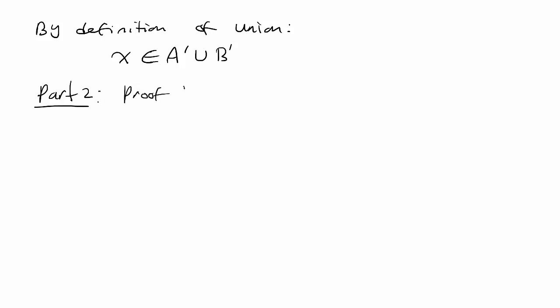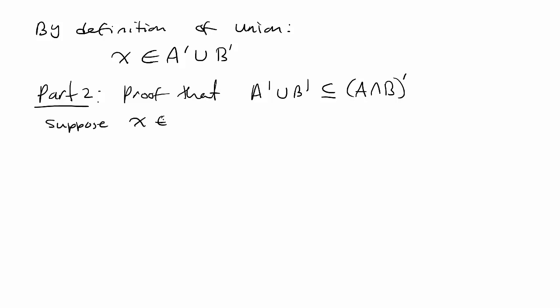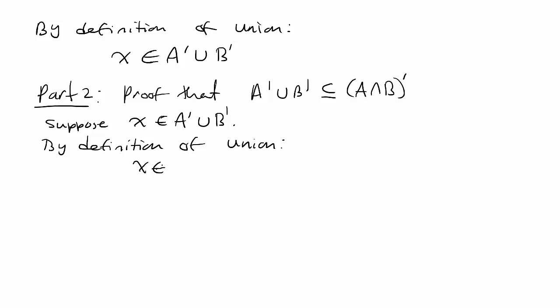Now we're going to do part 2. And here we're going to prove that A complement union B complement is a subset of A intersection B, the complement of that. So we're going to suppose X is an element of A complement union B complement. By definition of union, X is an element of A complement, or X is an element of B complement.